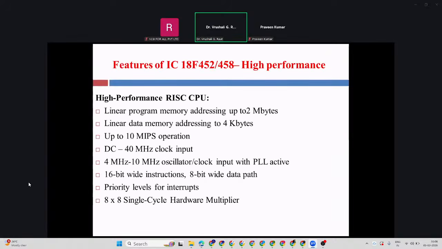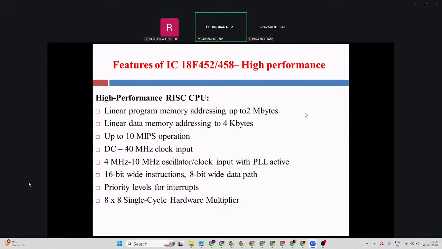Further, as we say, this 18F is high performing microcontroller. And when we say it is high performing, how it is high performing, that we are going to check here. So high performance RISC CPU. It has linear program memory addressing up to 2 megabyte.